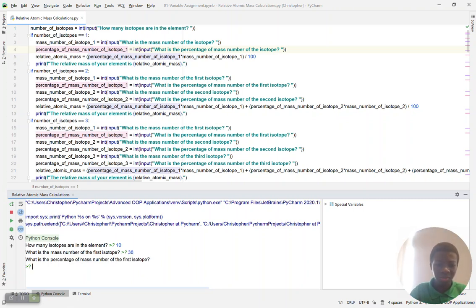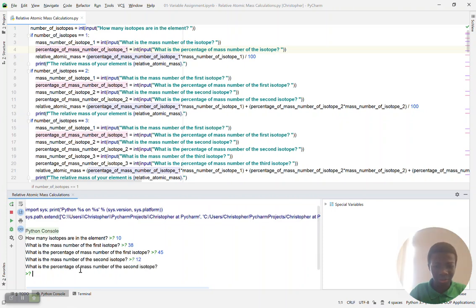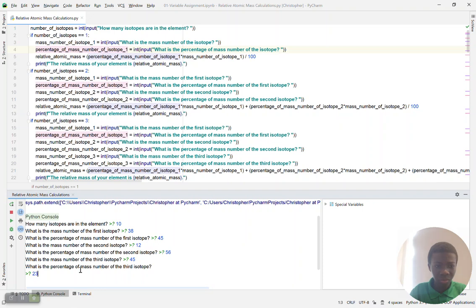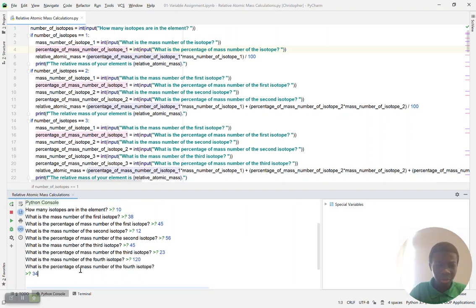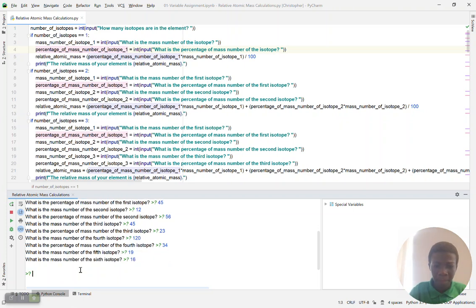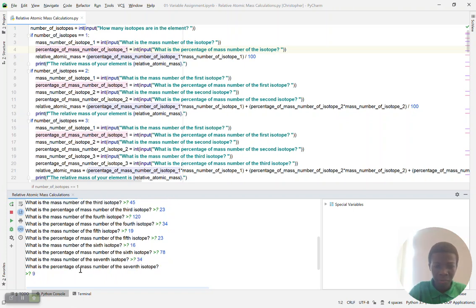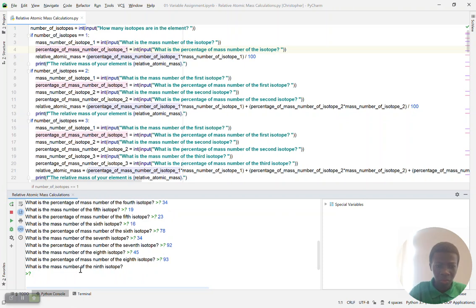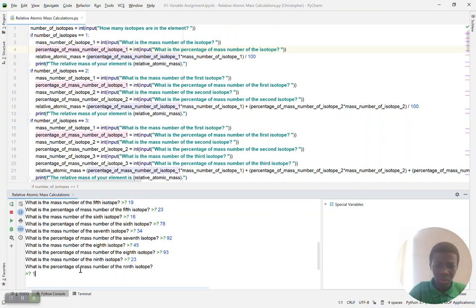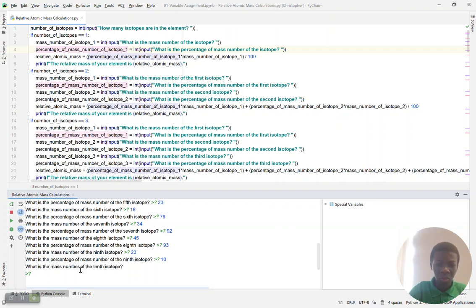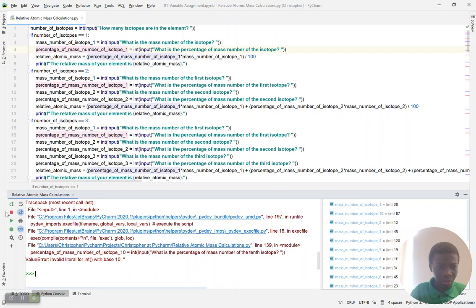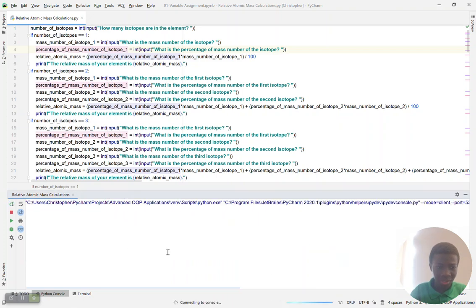The percentage of this is 45. Just enter in random things until the end. Whoops, that's what happens when you do things like that.